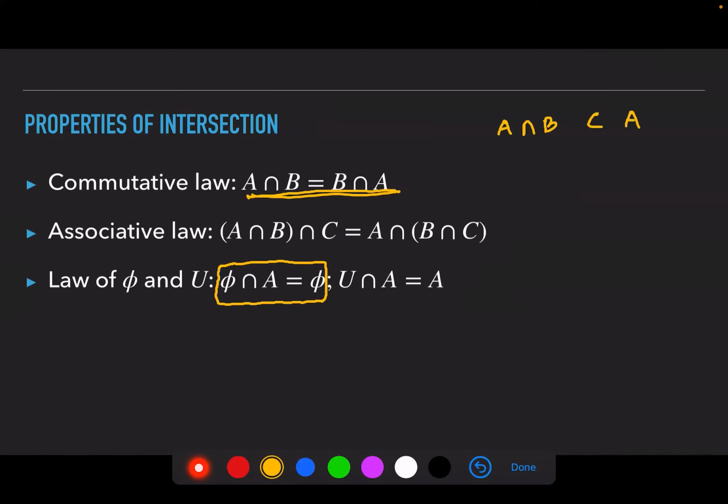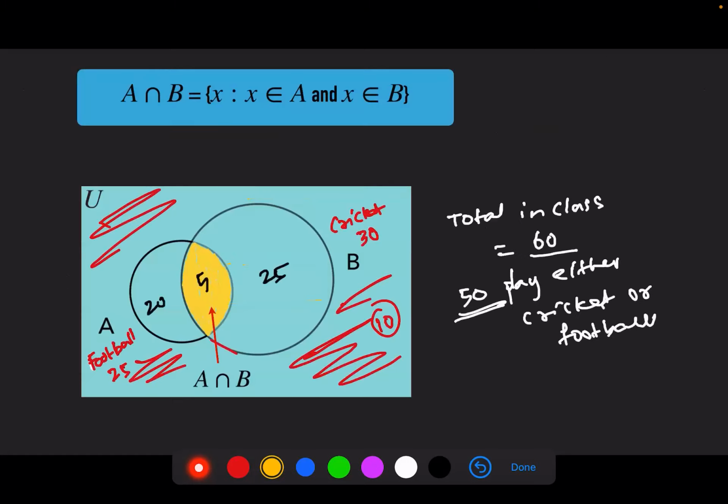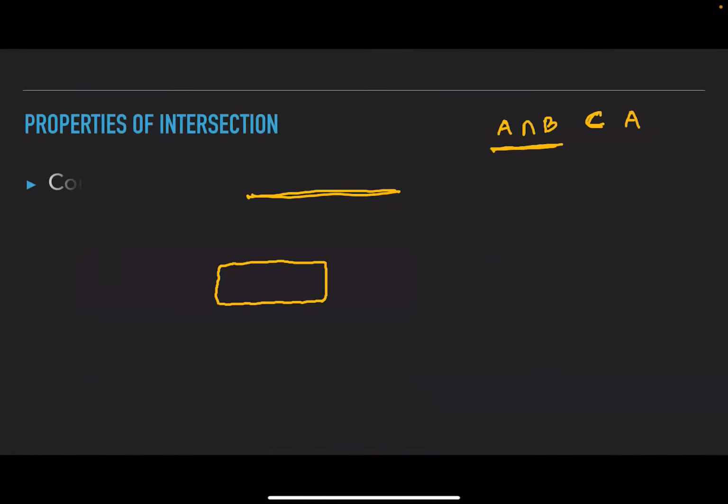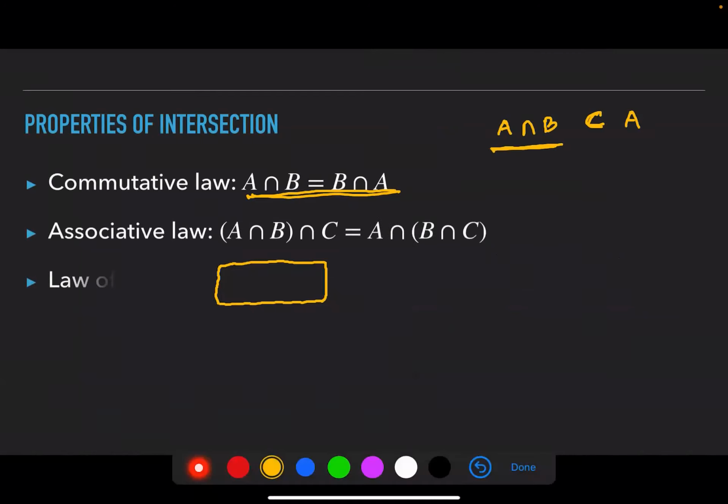Yes, because if you look at this diagram, A intersection B is part of A. So I can say A intersection B is a subset of A. Whenever I can do that, I'm saying that A intersection B is contained in A. It's just the meaning.